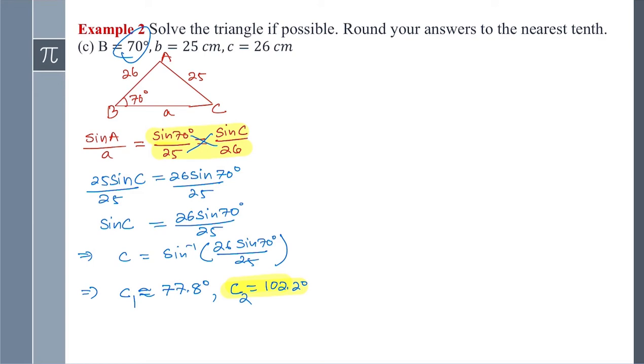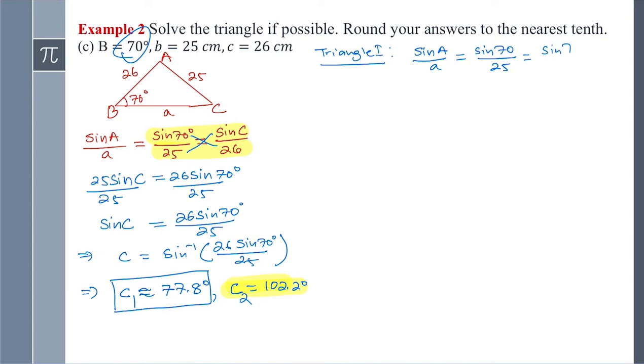Okay, for the first one, we'll take this one and solve the first triangle. So triangle 1, we'll take 77.8 degrees. For triangle 1, we write sine A over A equals sine 70 over 25 equals sine 77.8 over C, which is 26.